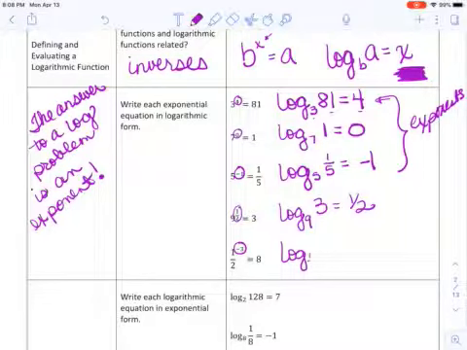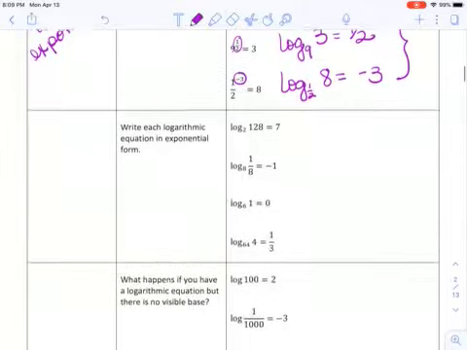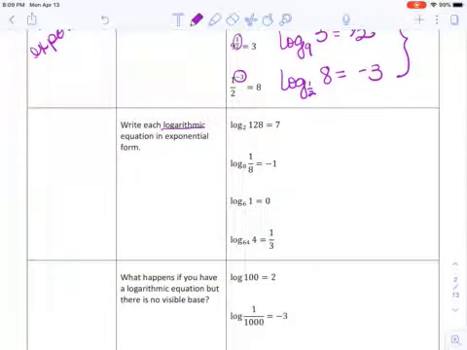Log base a half of 8 equals -3. All these are exponents on the right side of those equations. So we started with exponential form and we turned it into log form. In the next set, we're starting with log form and we're going to put it back into exponential form. So we're just translating it right now.